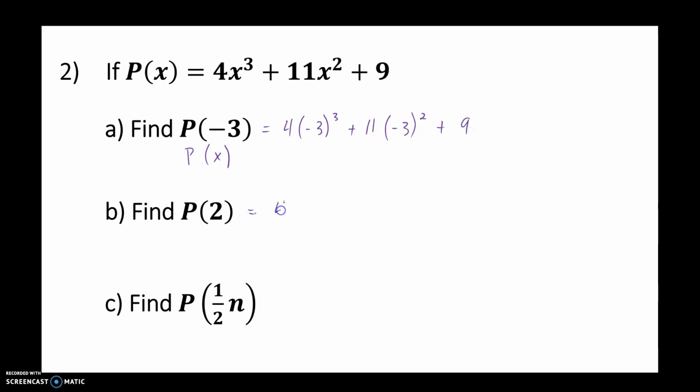Okay, p of 2, so 4 times 2 cubed plus 11 times 2 squared plus 9. Now with this one, wherever you see an x, replace it with 1/2 n. Okay, plus 11 times 1/2 n squared plus 9. So I would suggest pause the video, try these now. Okay, we'll go over them in class.